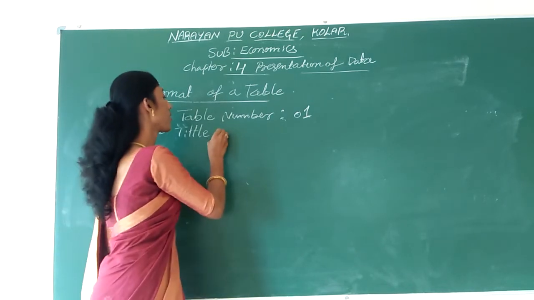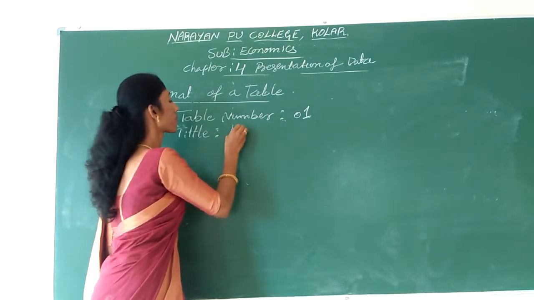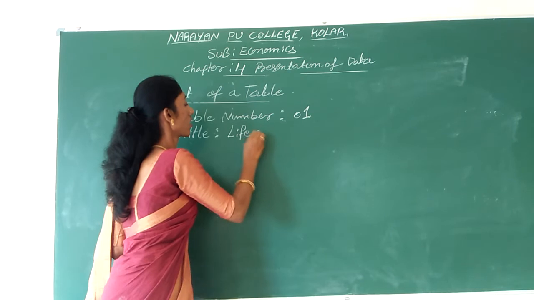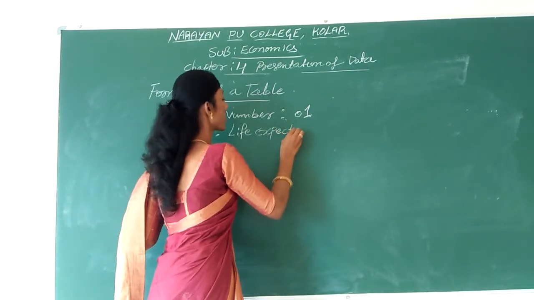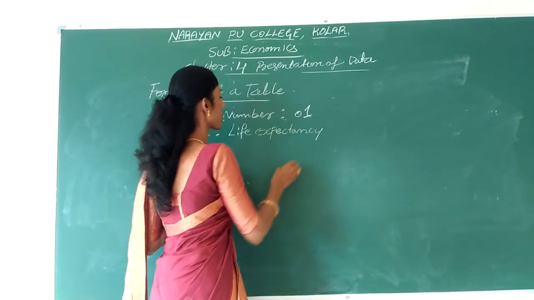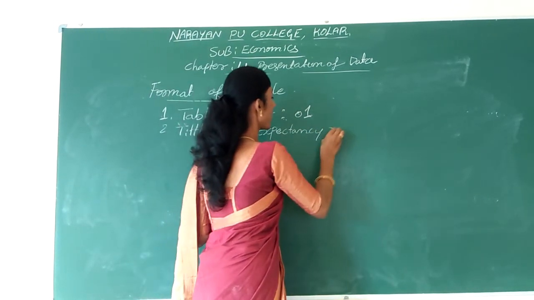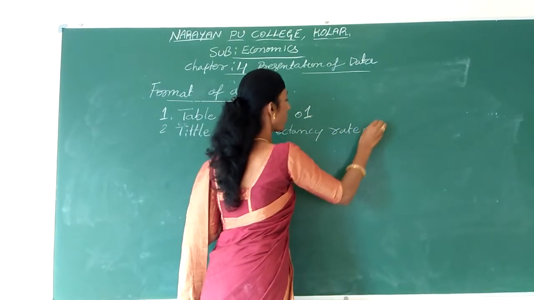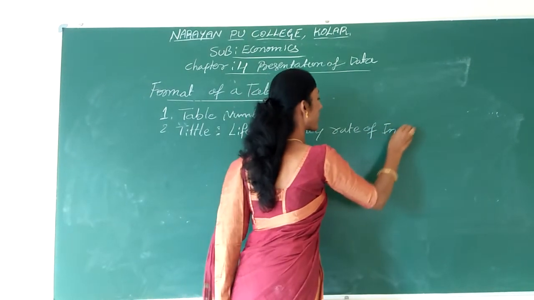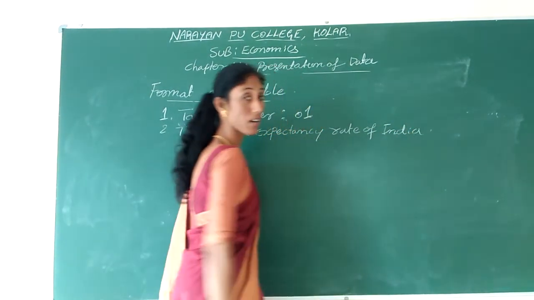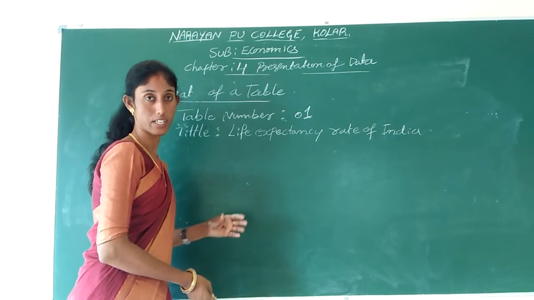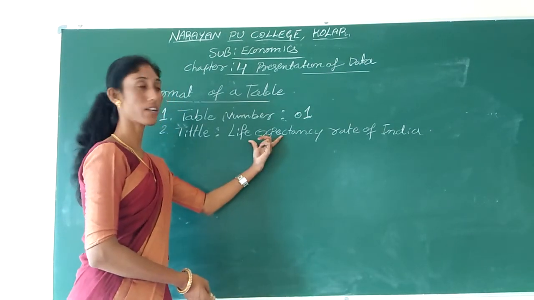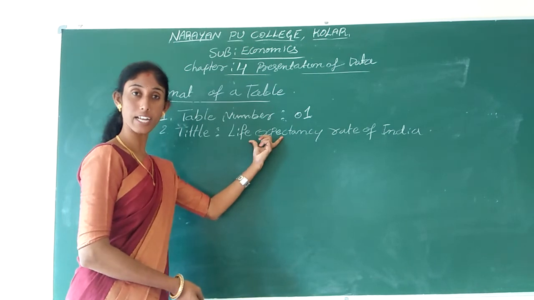Then I will give the title as life expectancy rate of India. What we are going to present in the table is the life expectancy rate of India, right? Related to that only I have given the title.